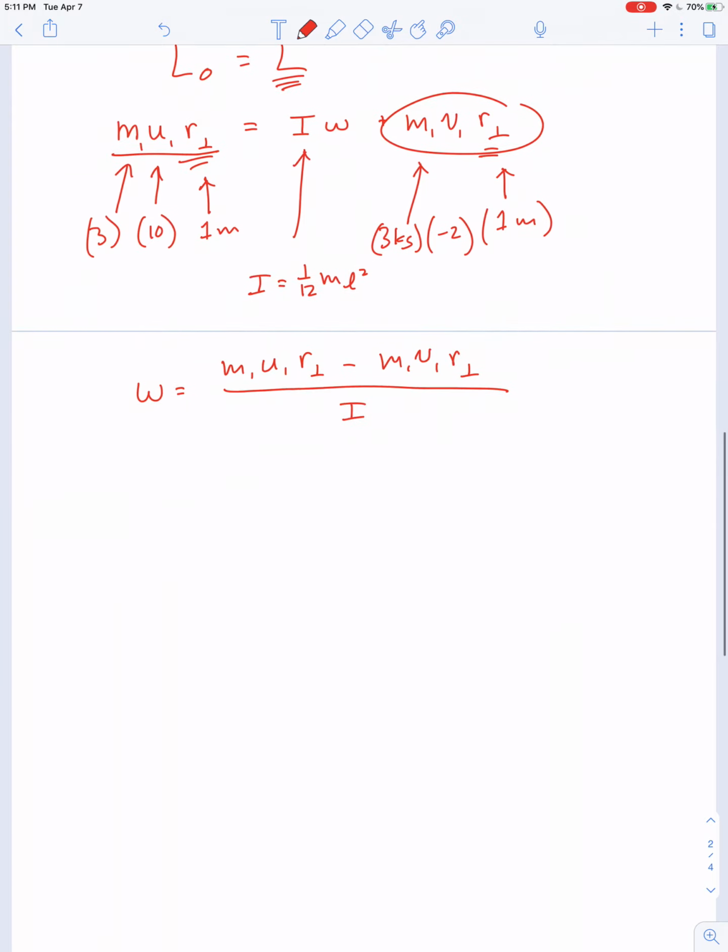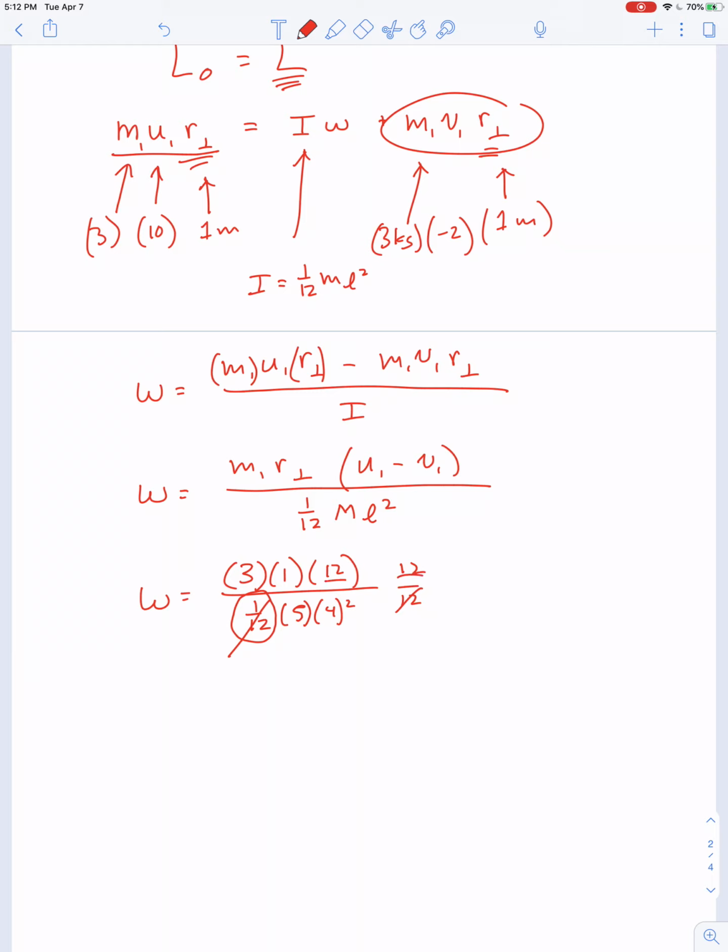Is this mental math? Let's see. Dividing by 1/12 in the denominator, we might as well multiply top and bottom by 12 to cancel that out. 12 times 12 is 144, so this is 3 times 144 divided by 5 times 4 squared, which is 16.